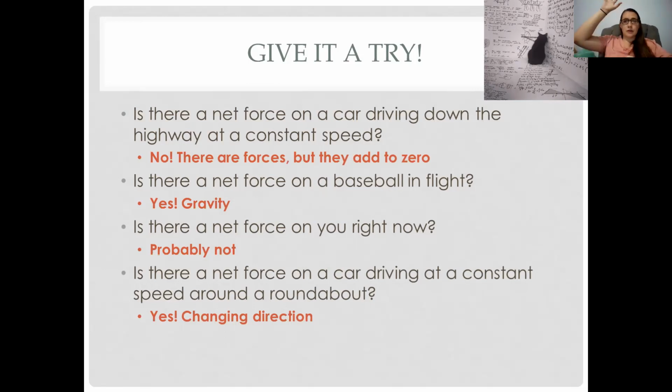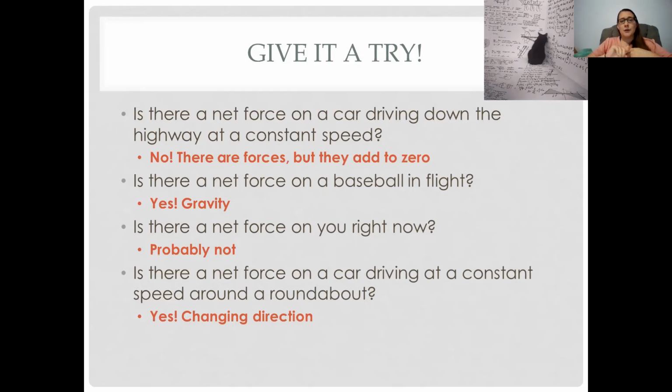The normal force pointing up is balanced by the force of gravity pulling down. Maybe the force of the gas is balanced out by the force of friction pulling backwards. So if you're driving in a straight line at a constant speed, there's no acceleration, therefore there's no net force.